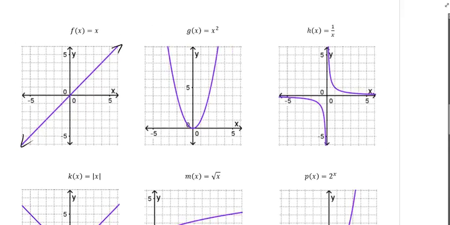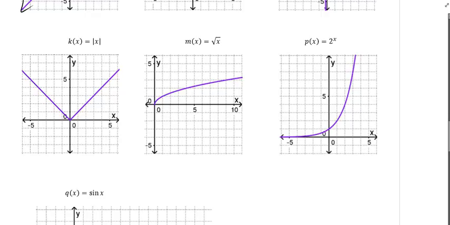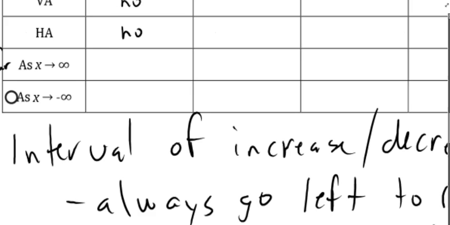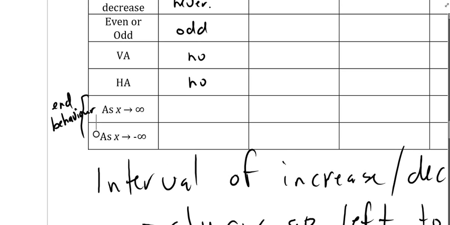They're all a little bit different. Okay, so let's write it down. Here's our notation for end behavior. This one's probably easier than interval notation. As x goes to positive infinity, y goes to positive infinity. As x goes to negative infinity, for our linear parent function, y goes to negative infinity as well.